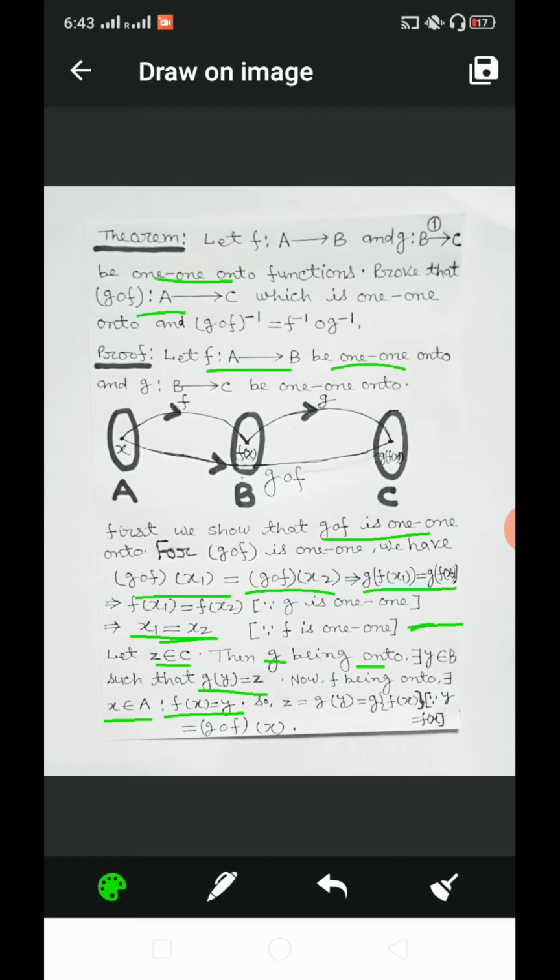So, we can write z is equal to g(y), and this is equal to g of f(x) since y is equal to f(x), and this can be written g of f of x.